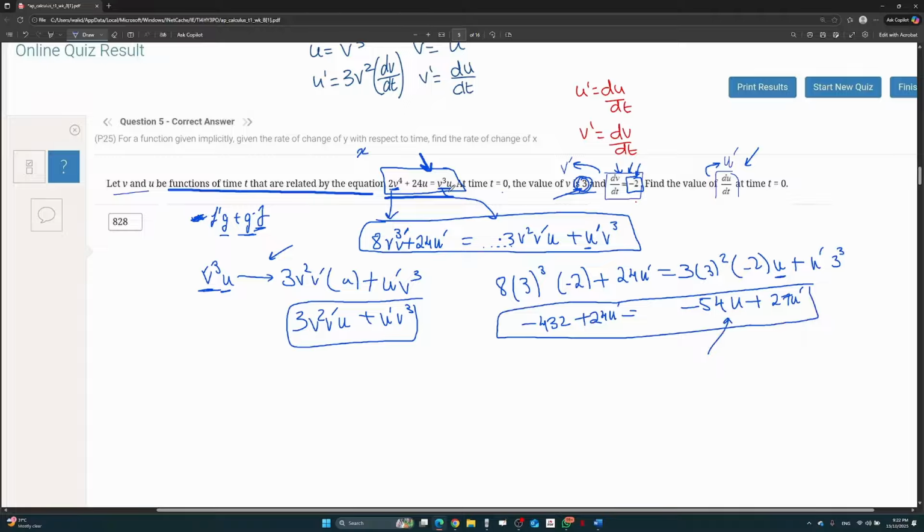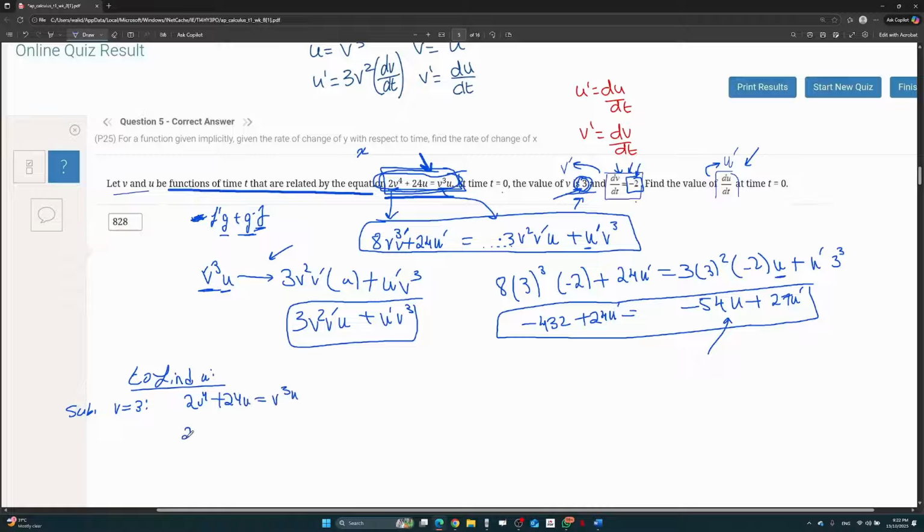How do we figure out what u is? They told us over here that v is equal to 3, and we can simply find u. If v is equal to 3, then we can just solve for u. So let's take this down. To find u, we substitute v equal to 3. So 2v to the power 4 plus 24u equals v cube u.